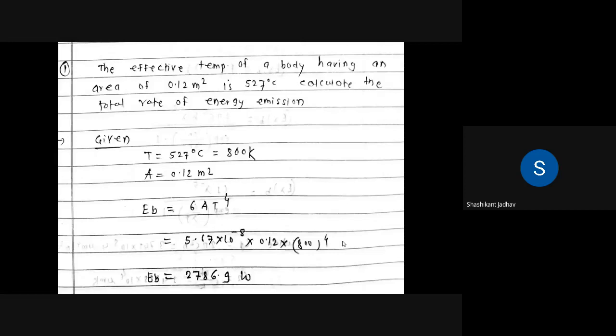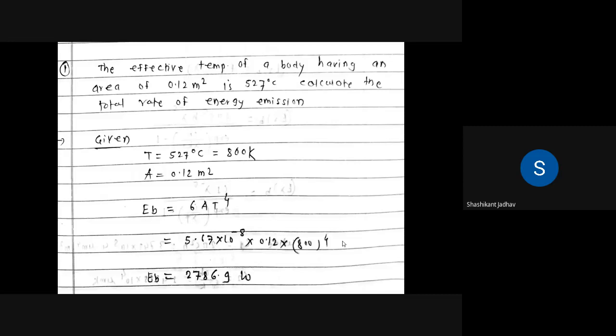Now we have to solve one problem. So all of you write down this problem. A simple problem we have to solve. All of you write down the first problem, which is related to the Stefan-Boltzmann law.